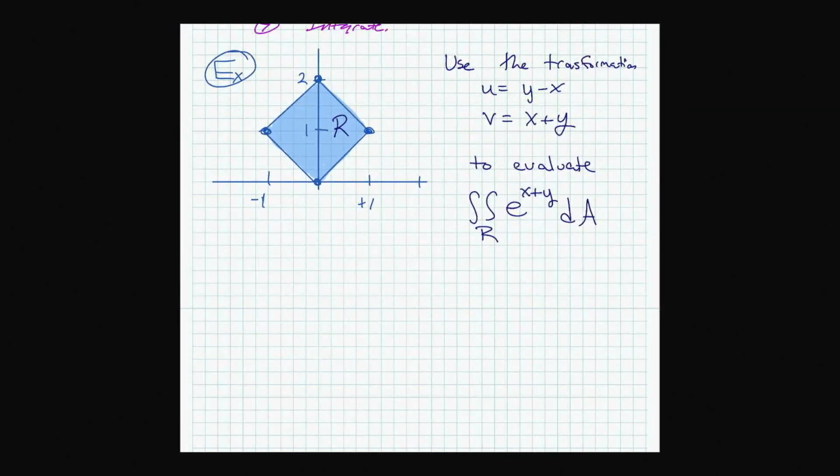So let's just look at this, make sure it's clear. We're trying to integrate this integral over this R, and these are the transformations they say to use.